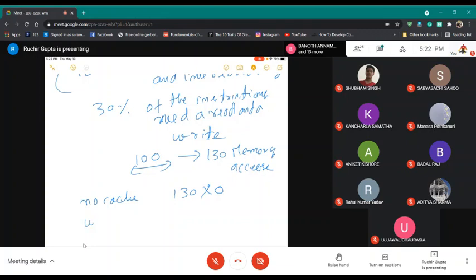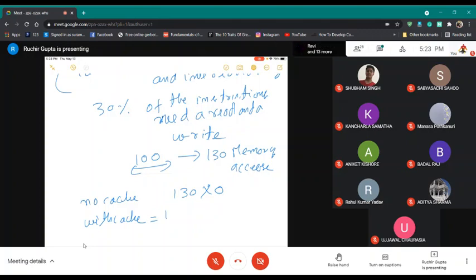And with cache, because you will only write in data, not in instructions, and we assume that when there is a read, that is instructions.